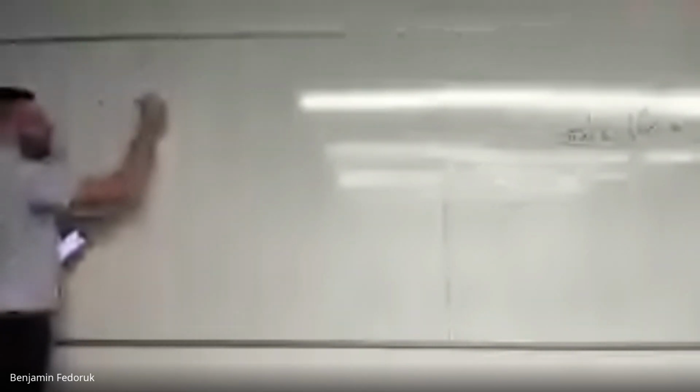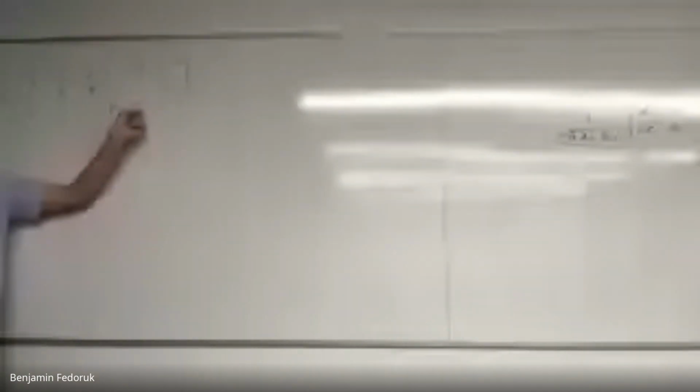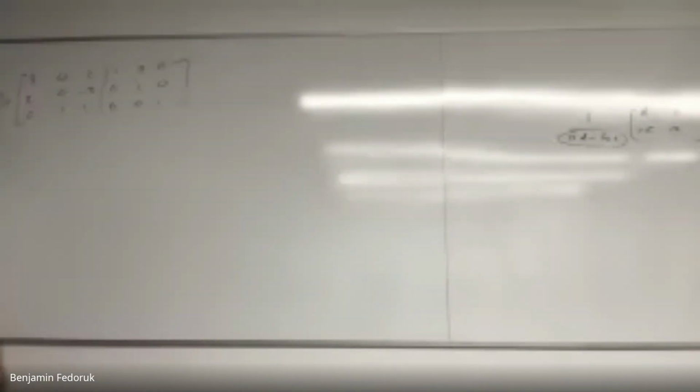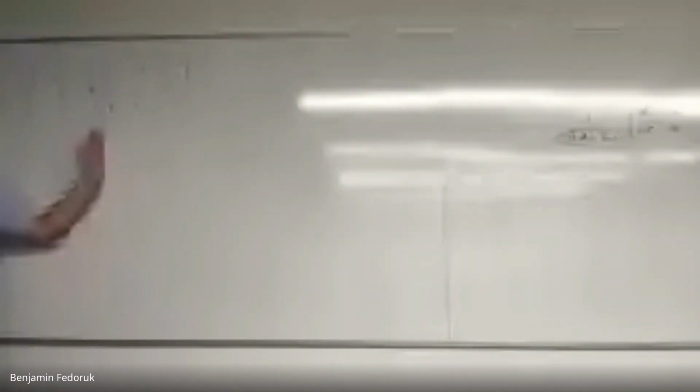We have A augmented with I. Remember, this line is the same idea as the line when we were solving systems using Gaussian elimination. The only difference is that there are 3 columns after the line instead of 1. The line has no bearing on the math; it's just a reminder that something different is going on here.